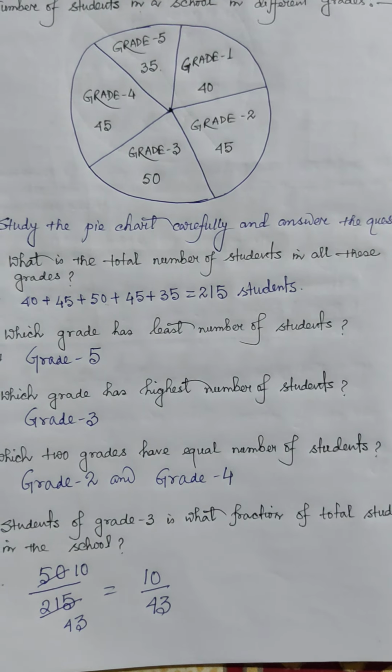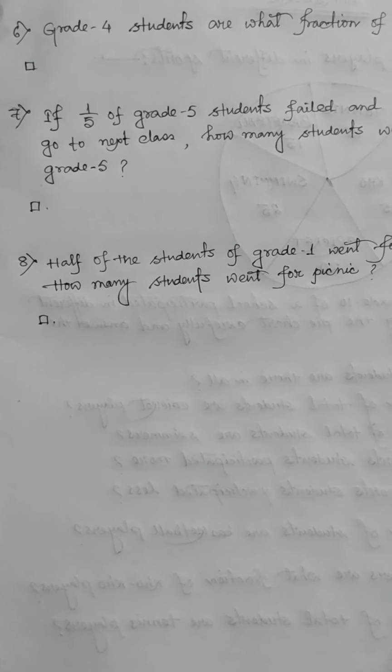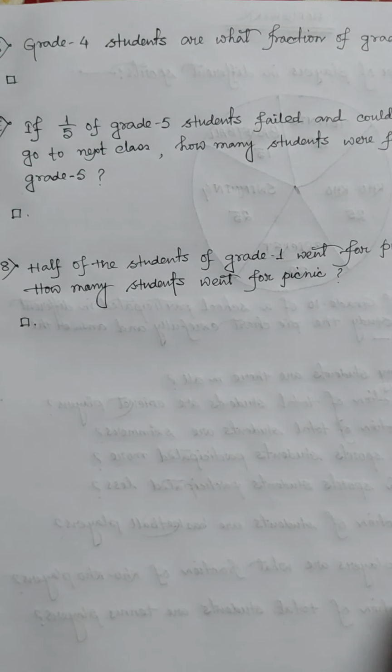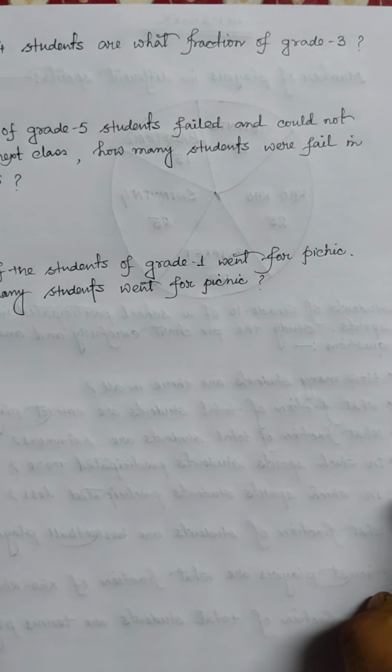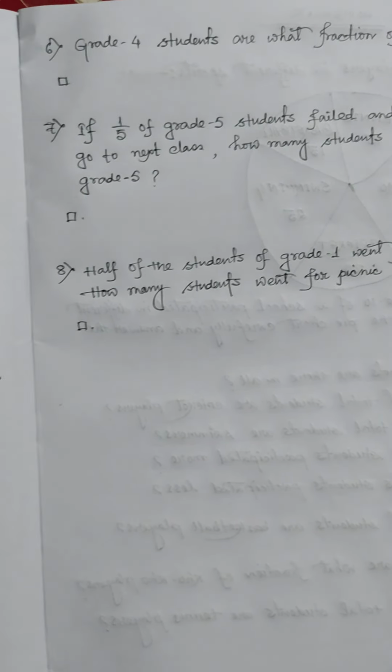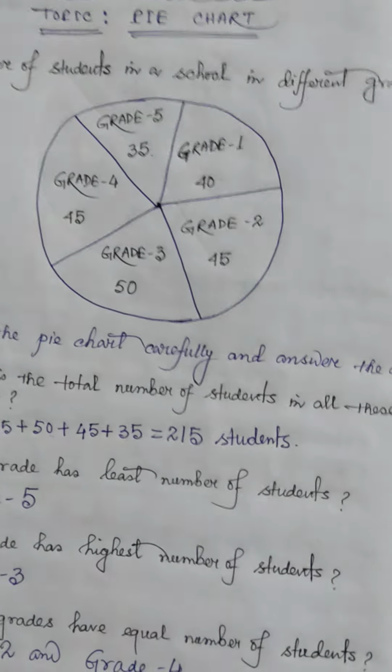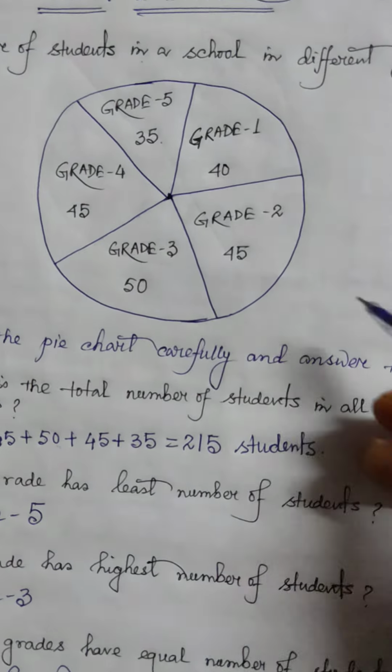Next, question number 6. Grade 4 students are what fraction of grade 3? Now grade 4 students 45 and grade 3 50.